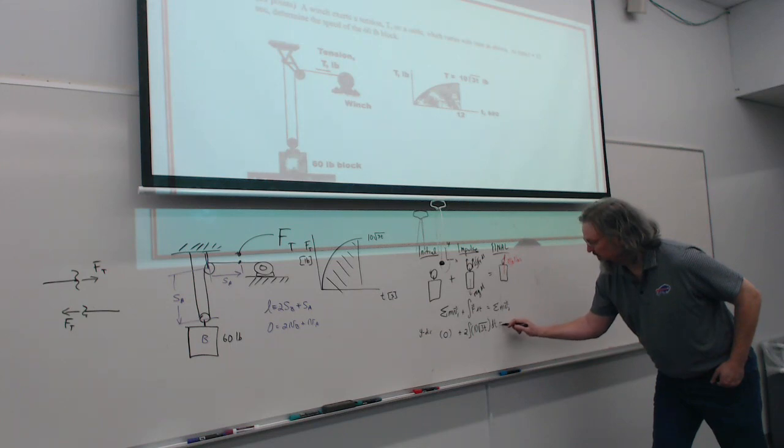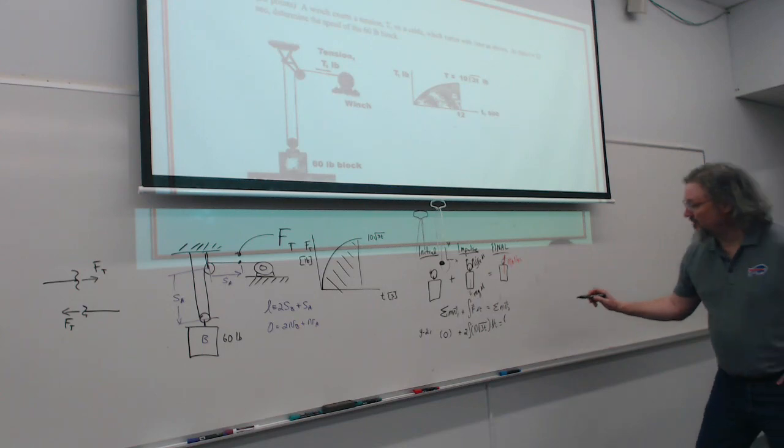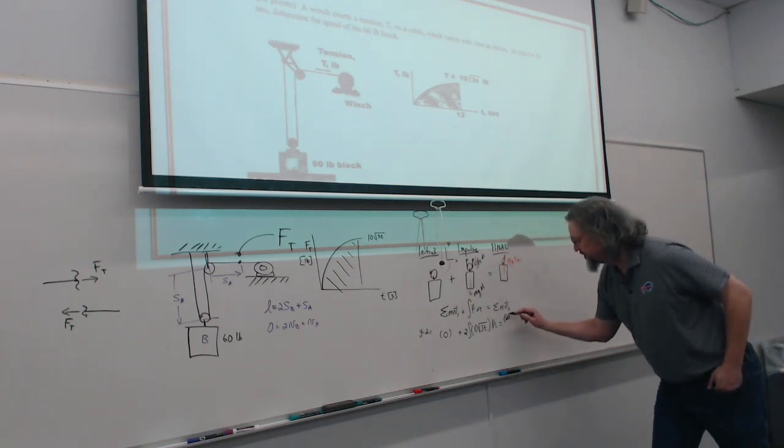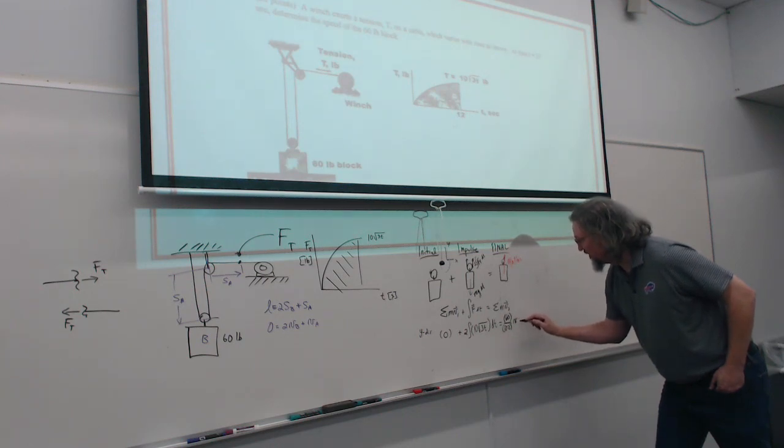And it's going to be equal to the mass, which is the block, 60 pounds divided by 32.2 to get it into slugs, times V2.